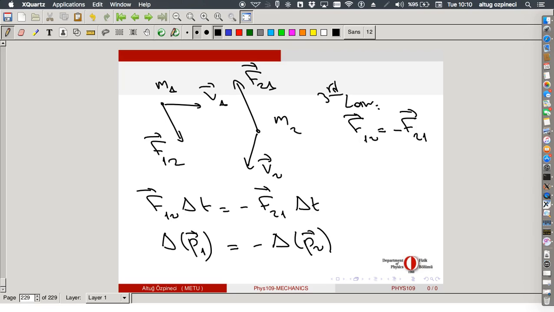So as the momentum of one of the masses changes, the momentum of the other mass also changes in equal magnitude but opposite direction. If one gains momentum in the upward direction, the other one is gaining momentum in the downward direction. So the change in the momentum of the first mass plus the change in the momentum of the second mass is equal to 0.